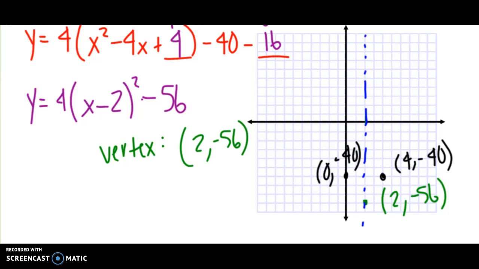All right, so we can maybe try another one. Let's say negative 4 for x. So I put negative 4 in for x, negative 4 minus 2, negative 6, squared is 36. 36 times 4 is 144, minus 56, so this is 88.